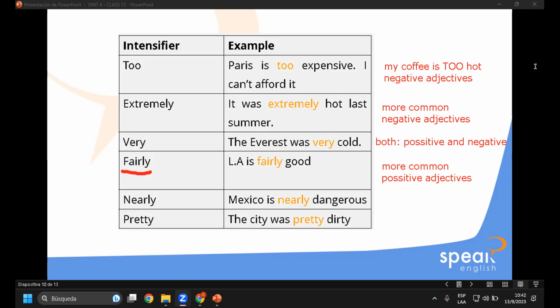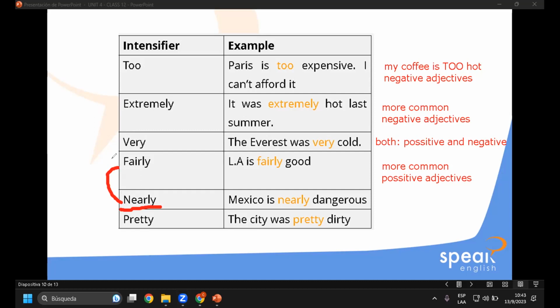Nearly can have different meanings depending on the context, okay? So in one context, nearly can mean something like casi or cercano, right? But in this context, because we are using them as intensifiers, nearly is very similar to fairly, okay? They will be like synonyms.